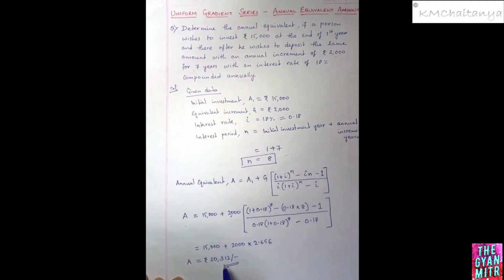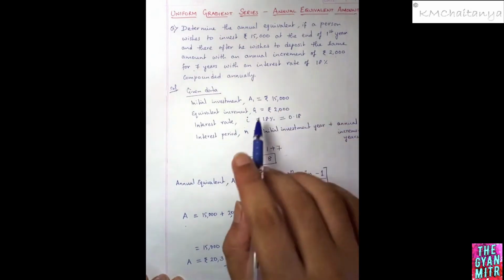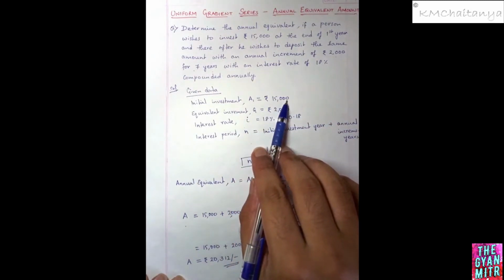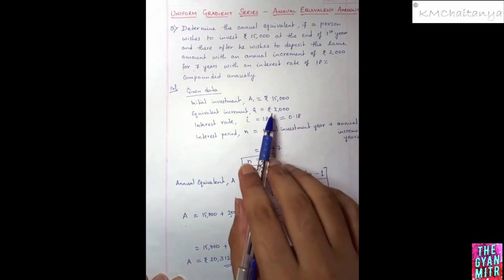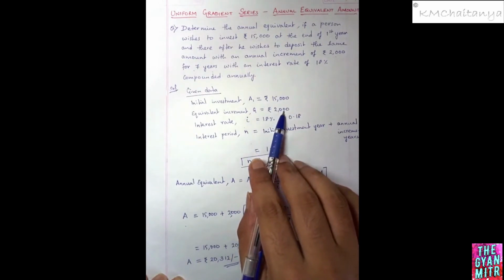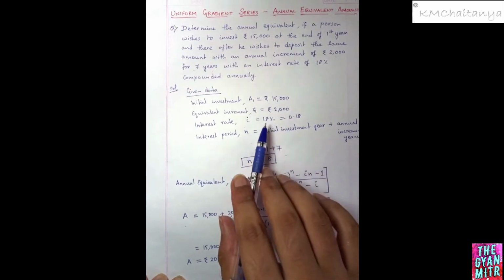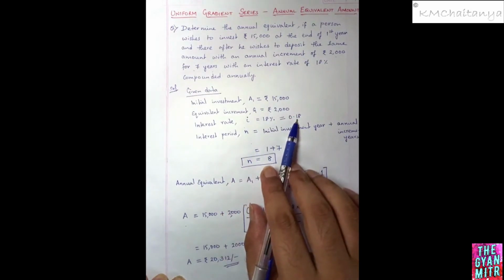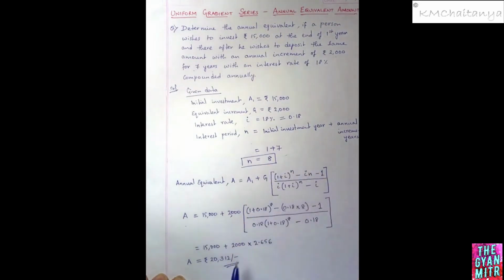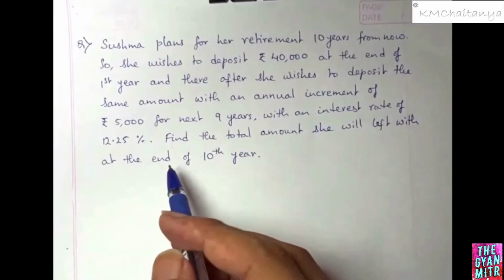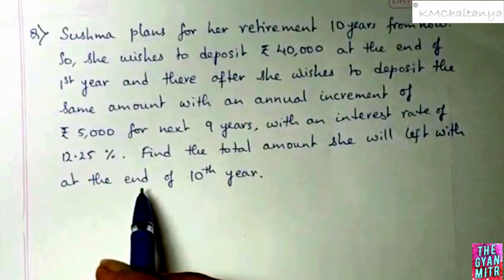So for the investment of 15,000 at the end of first year plus 2,000 annual increment for next 7 years along with the initial investment, and bank giving an interest rate of 18% will lead to an annual equivalent of 20,312 rupees. Now let's solve one more problem on uniform gradient series.